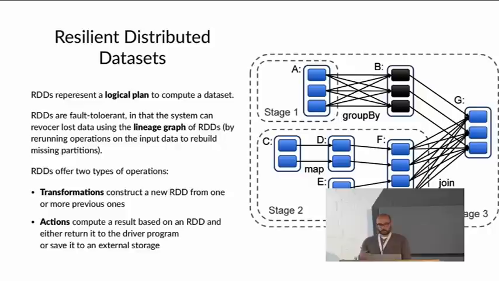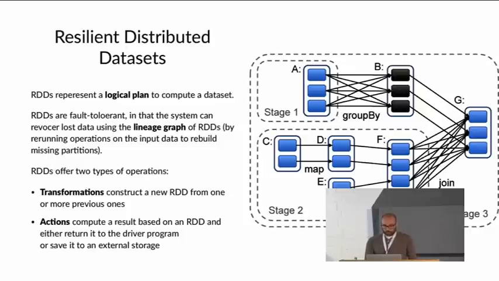So that's the second type of operation. When you take an action on an RDD, then the computation is started, and the action either presents the result to the user or stores it somewhere in a database or in an HDFS data store.